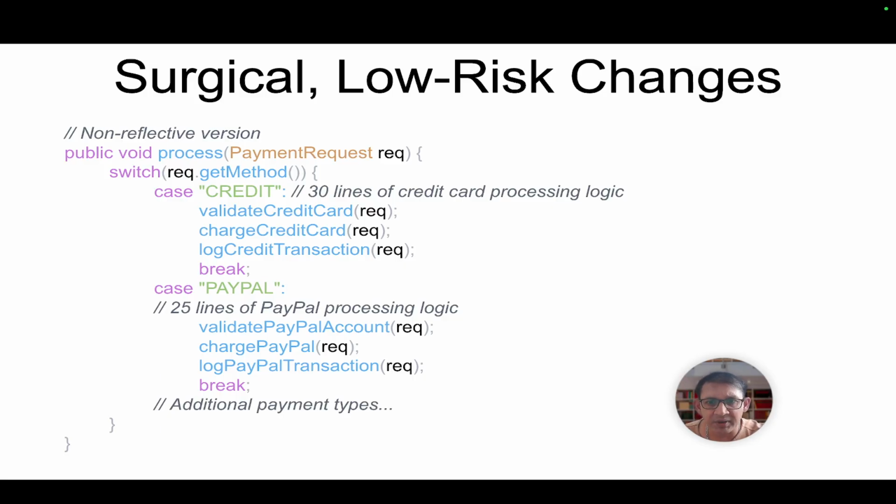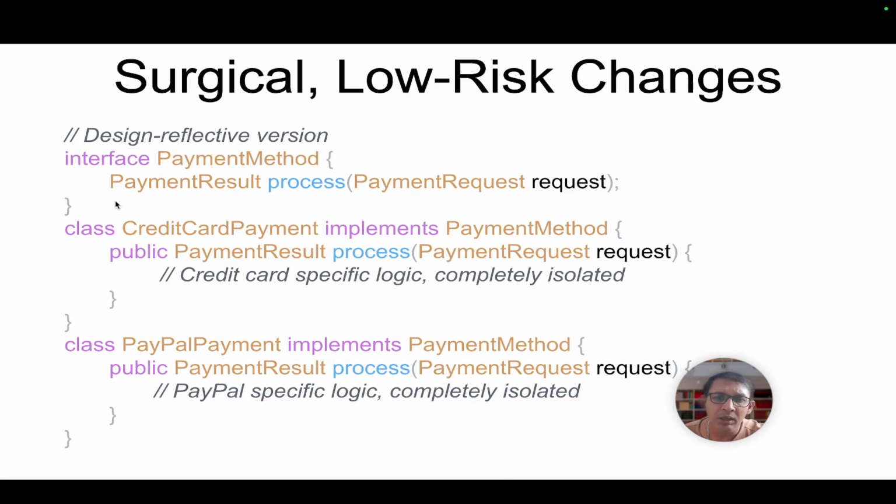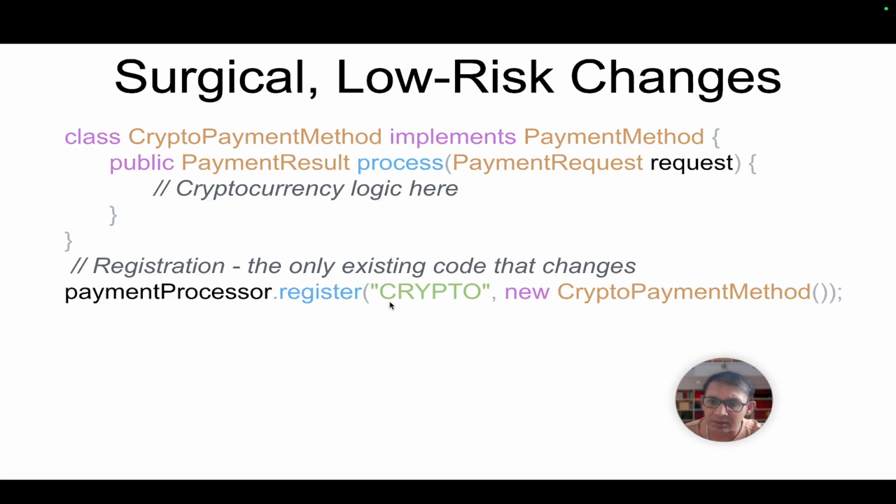But in a design reflective world, you'd have structured this differently. You'd have a payment method interface that encapsulates the concept of processing payments, and each payment type would be its own focused implementation. Now, when you need to add cryptocurrency support, the change becomes surgical.